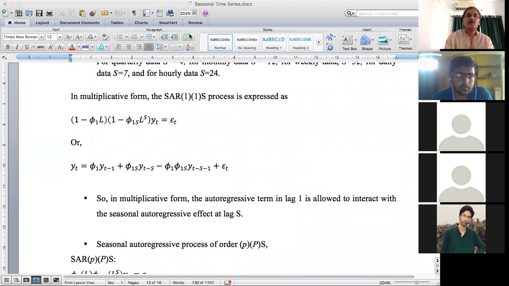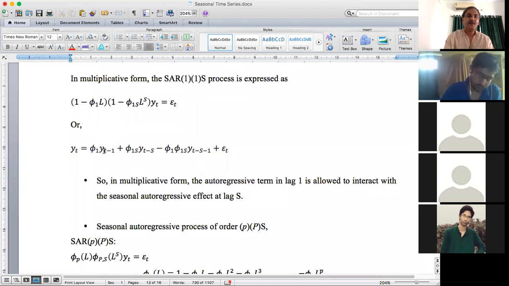So for the 1 1 model, autoregressive of order 1 seasonal, autoregressive of order 1 non-seasonal, if we express it in multiplicative form, we have the purely autoregressive part for the non-seasonal, the autoregressive part for the seasonal, as well as the interaction of seasonal and non-seasonal components of the autoregressive part.